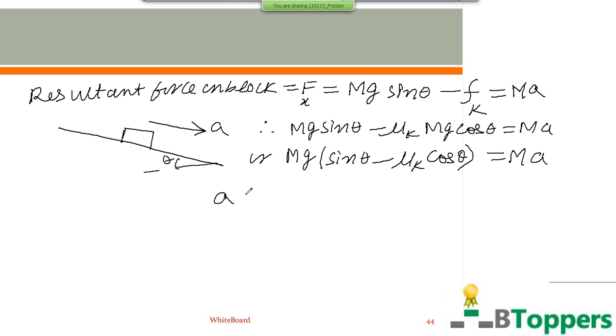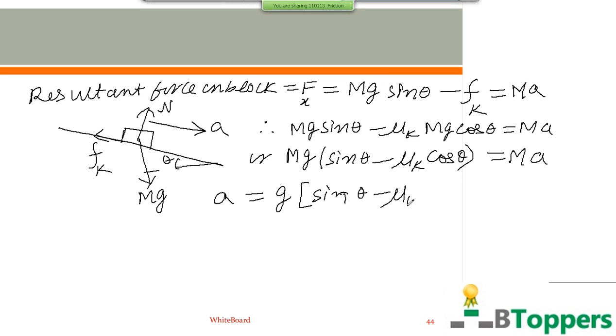Therefore, the acceleration of the block when it slides down the rough inclined plane under the action of three forces, mg, normal reaction and kinetic friction, is given by g into sin theta minus mu_k cos theta.